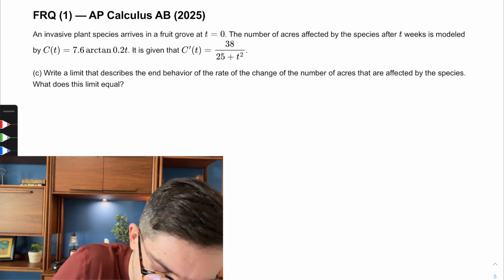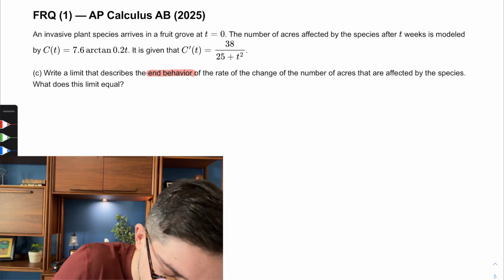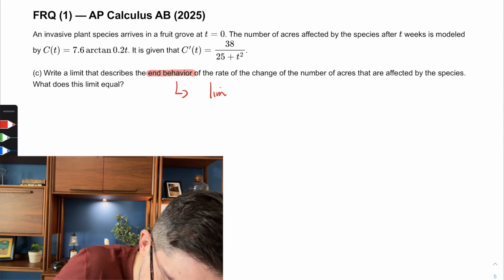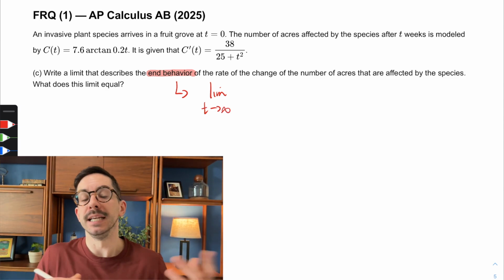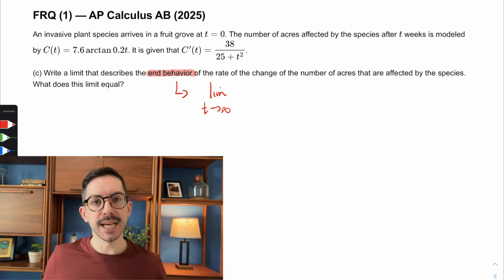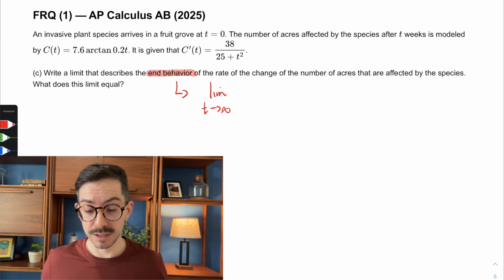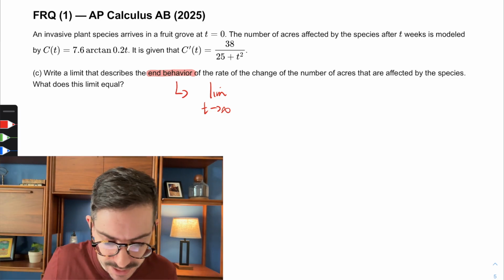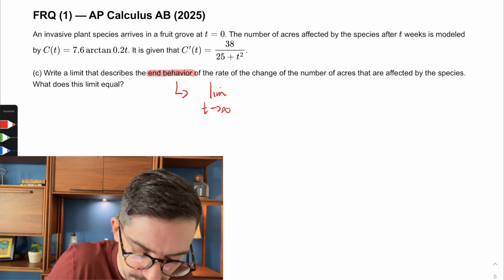So what is this limit that's going to describe the end behavior? Well, end behavior is what happens as your variable gets really, really large. Either positively really, really large or negatively really, really large. In this context, it only makes sense to be looking at positive time. So I'm going to be looking at the limit as t goes to infinity. And what is it that I'm looking at the limit of?